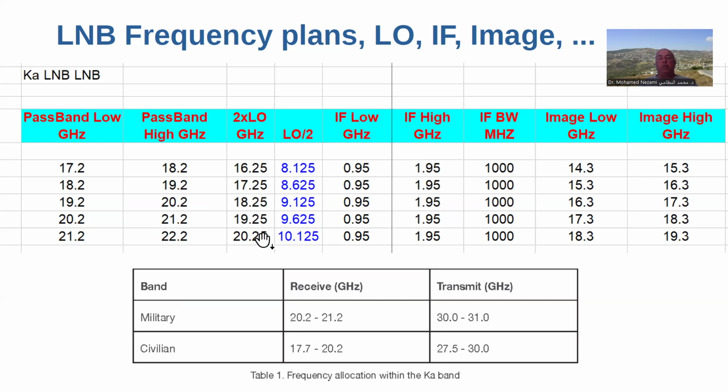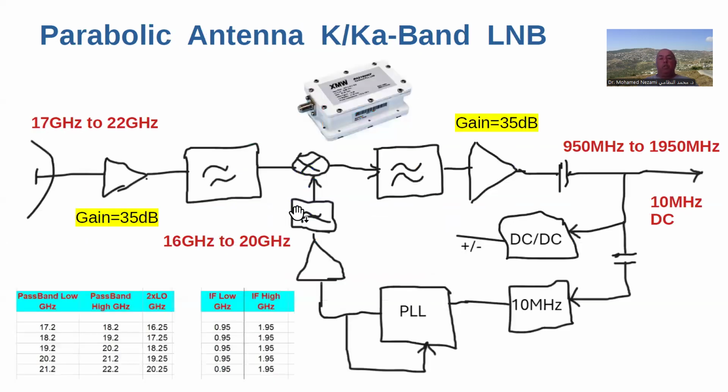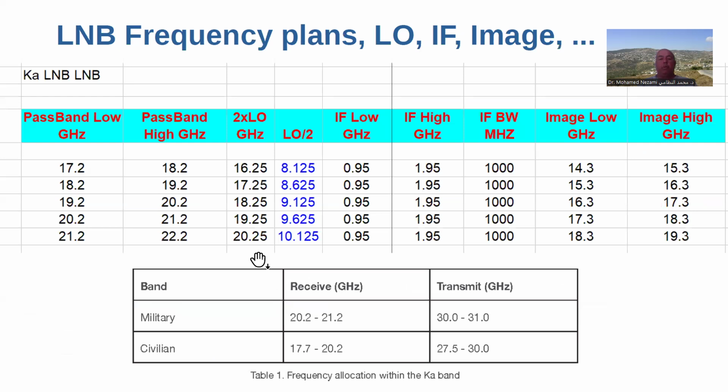The LO is either the LO needed to produce this frequency or one half of that, because remember that in the design, these mixers can have an internal ×2 frequency multiplier, or it's a subharmonic mixer. So we can design this circuit at one half of the frequency in this range instead of at this range, which is more difficult to implement.